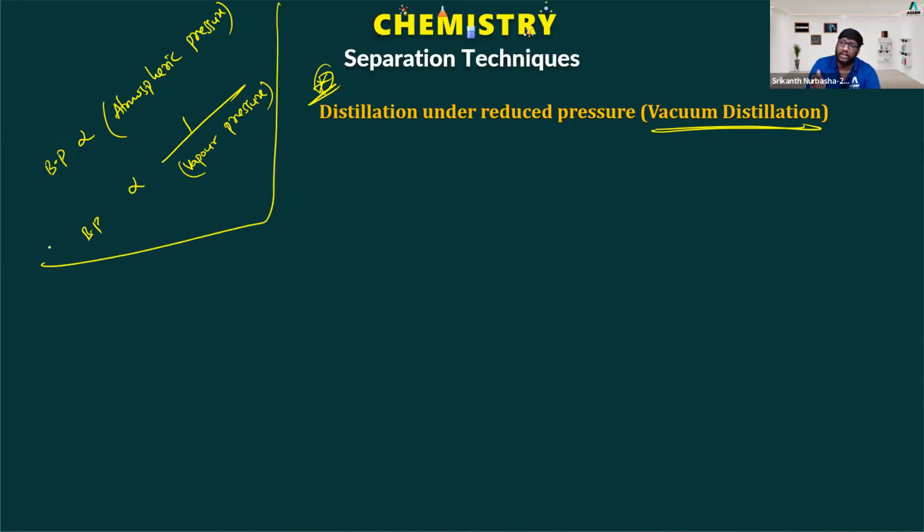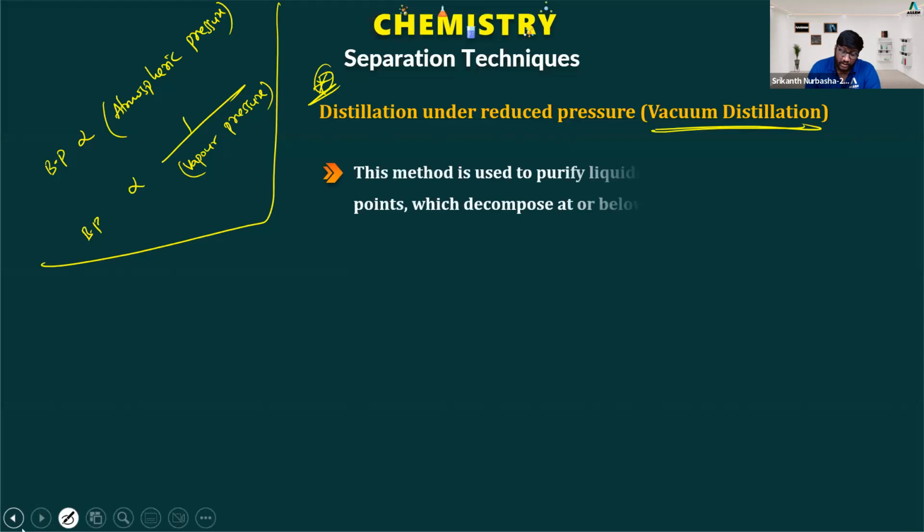Let us say a particular liquid A has a boiling point of 100 degrees Celsius, but at 100 degrees Celsius it is converting into compound B. What can I say in that case, students?